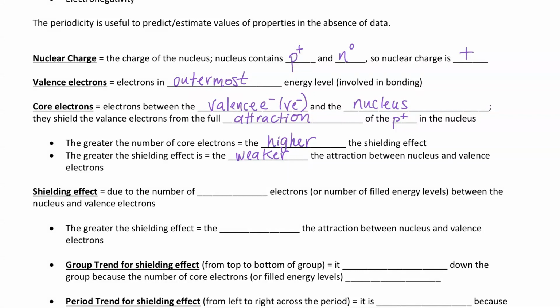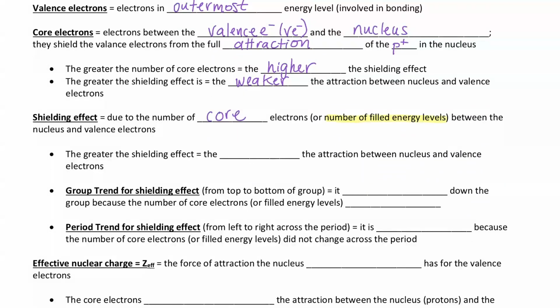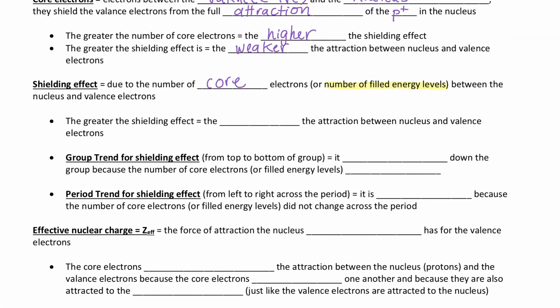Now, again, the shielding effect has to do with the number of core electrons, which is really just our filled energy levels, right? We're talking more filled energy levels between the nucleus and our valence electrons. Again, greater the shielding effect, the weaker the attraction.